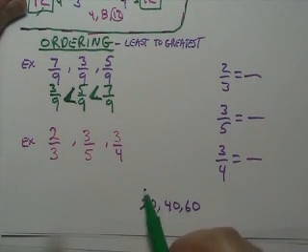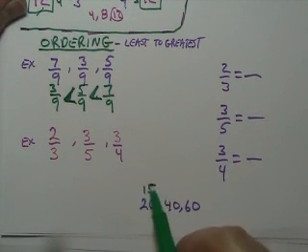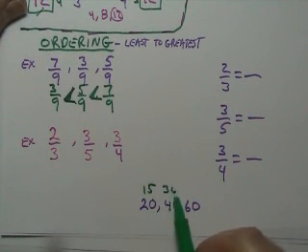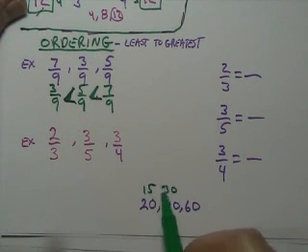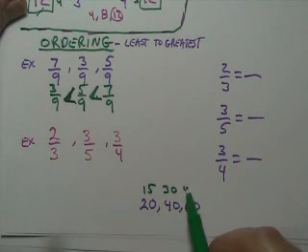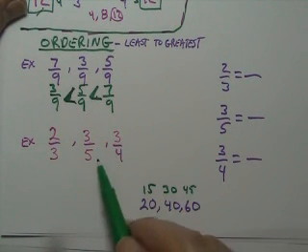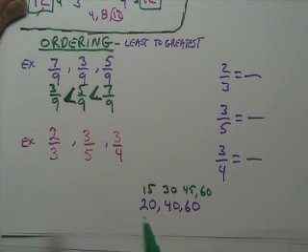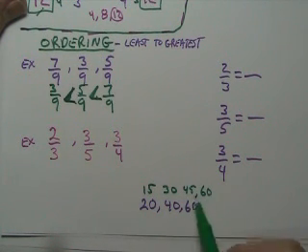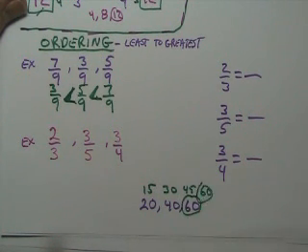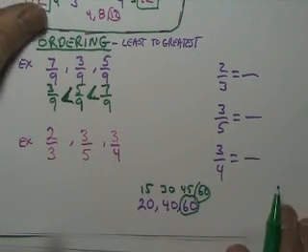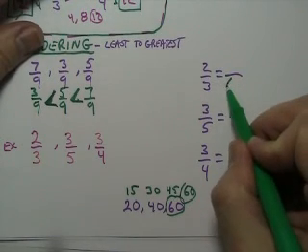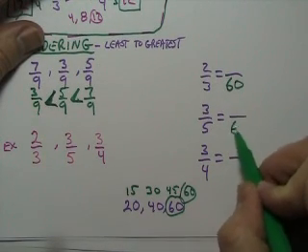I could have counted by 15s. There's 15, 15 more makes 30, 4 doesn't go into there. 15 more makes 45, and 4 doesn't go in there, but the next one would be 60. And see, they do go into 60. 60 is the least common multiple of all three of these. So that will be my least common denominator also, 60.